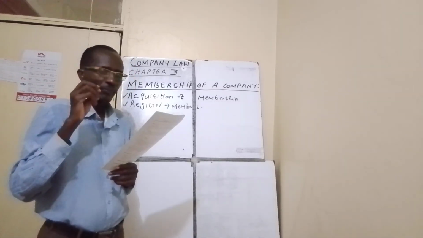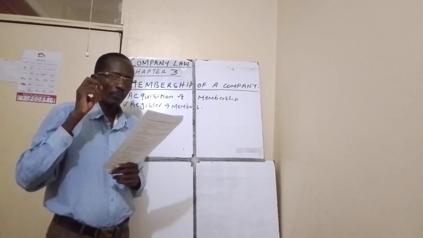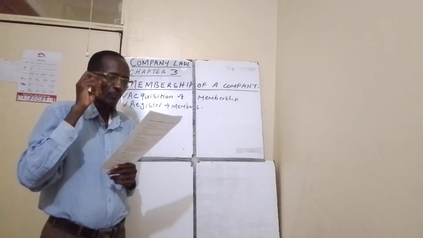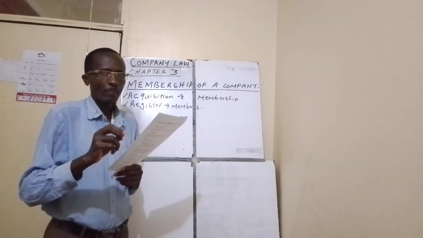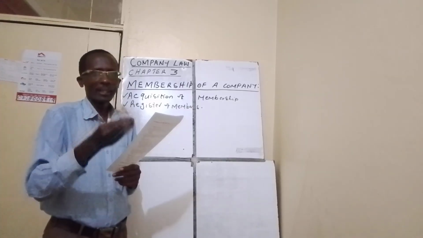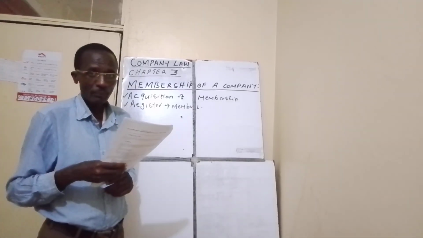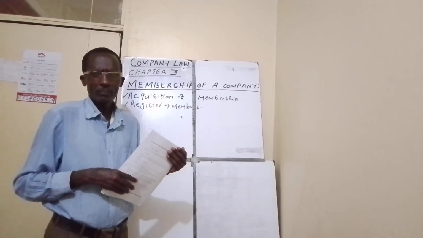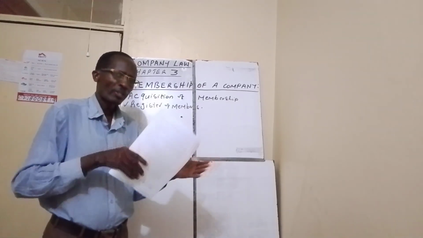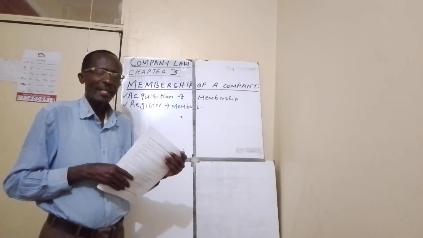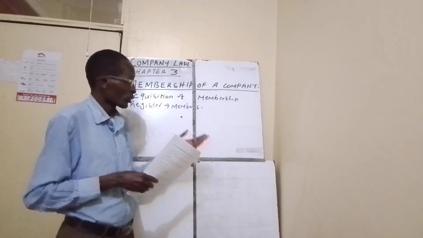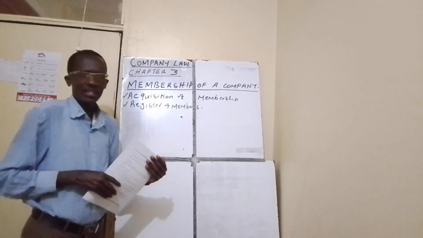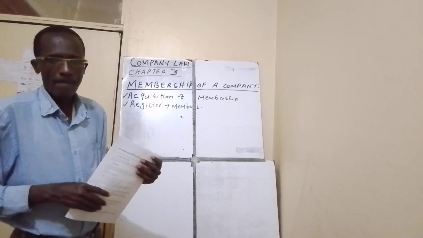In that case, if the name of a member is omitted or it is wrongly entered in the register, then that name should be removed if it is entered in the register by mistake. As you have seen, with respect to acquisition of membership, we've said one of the ways is by estoppel.